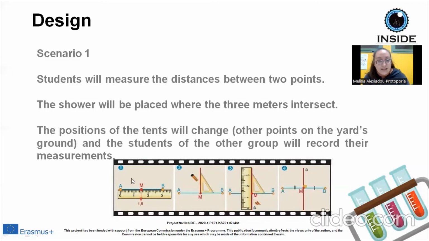So we see here the process to find the perpendicular bisector and draw it.